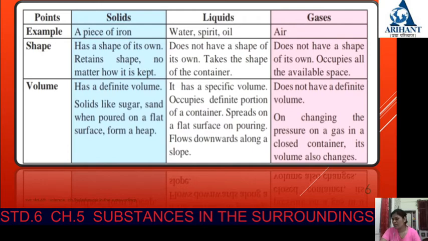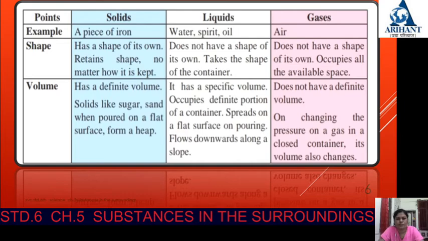Please understand this theme. If we see a pen, this is a substance, it has a specific shape of its own, and it retains its shape no matter how it is kept. If we provide pressure to it, it doesn't change its shape. So it has a shape of its own.